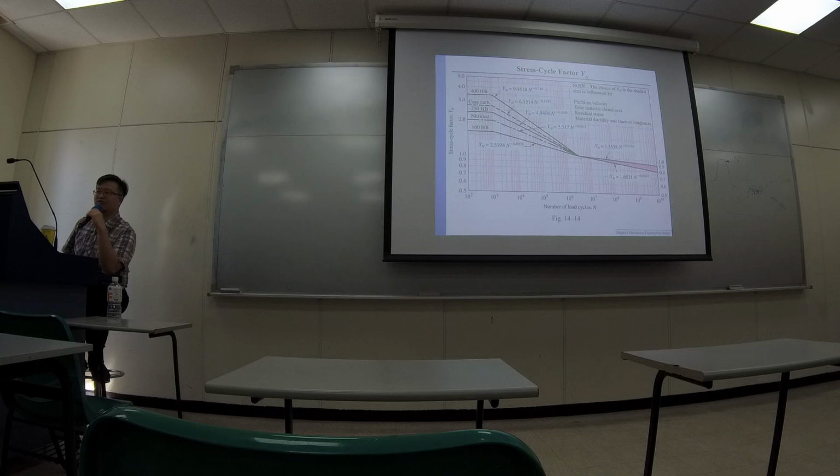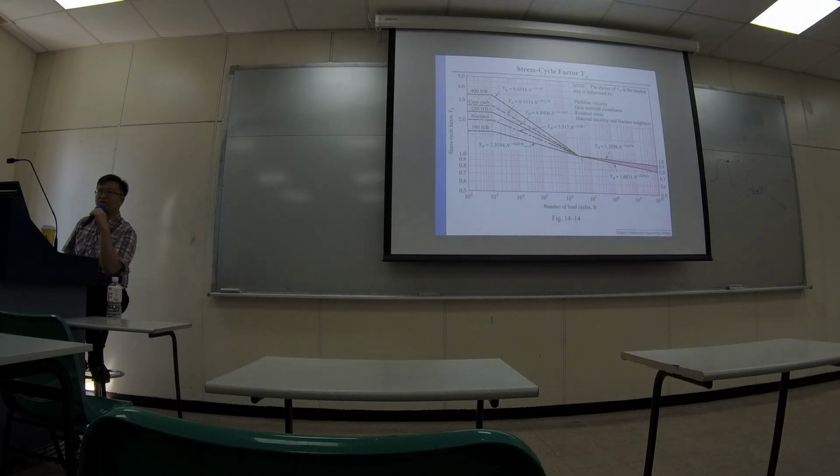The strength doesn't drop too much more after a certain amount because usually after a certain amount of cycle it reaches its endurance limit. The strength doesn't drop anymore. So over here you have a deeper slope, but afterward the slope is not as deep. Okay?